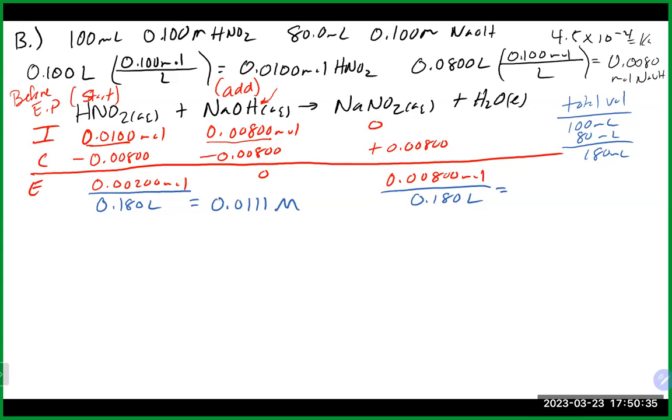For our other one, 0.008 divided by 0.180 gives us 0.0444 molar. Any questions on the ICE table so far?